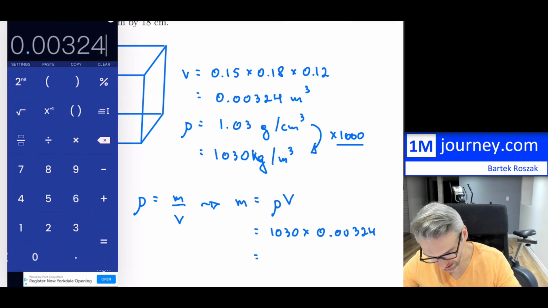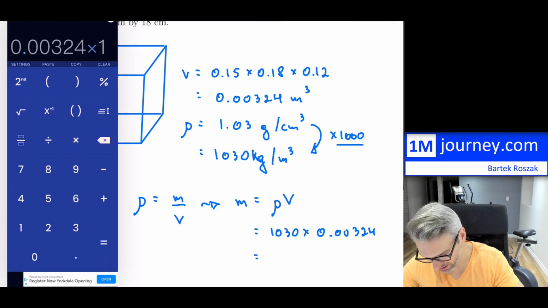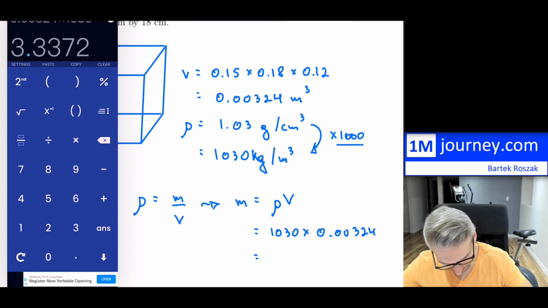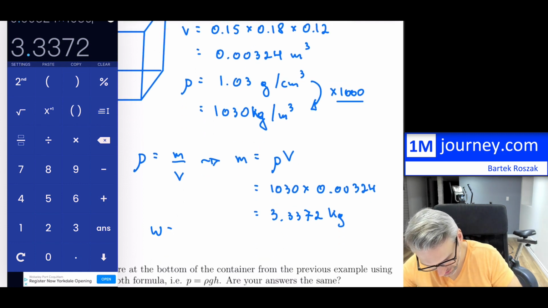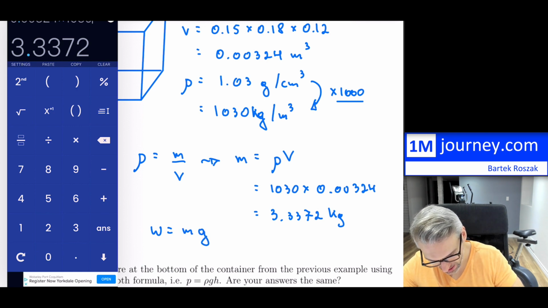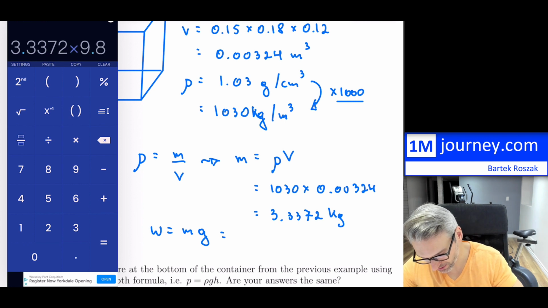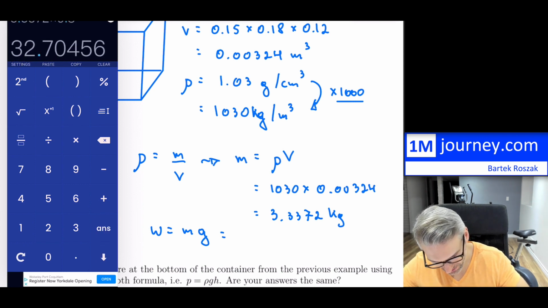I already have this on the calculator, so times 1030. That gives me 3.3372, and this is kilograms. Now, if you want the weight, weight is just mass times gravity. So if you take your mass and multiply it by gravity, you get the weight, and this is going to be 32.7.